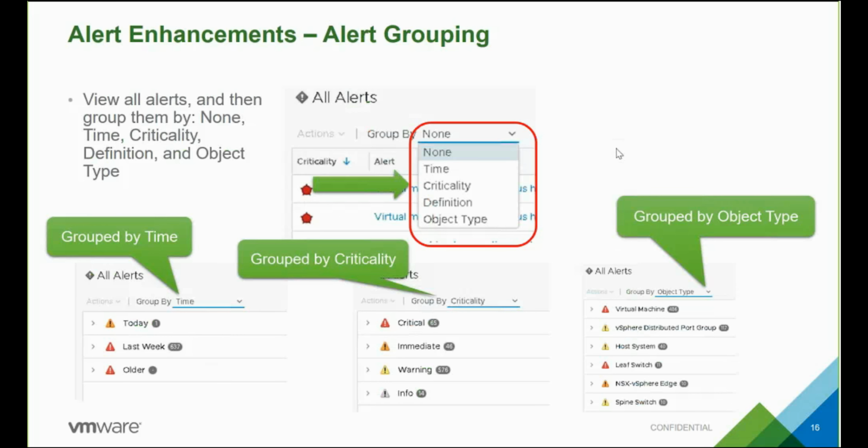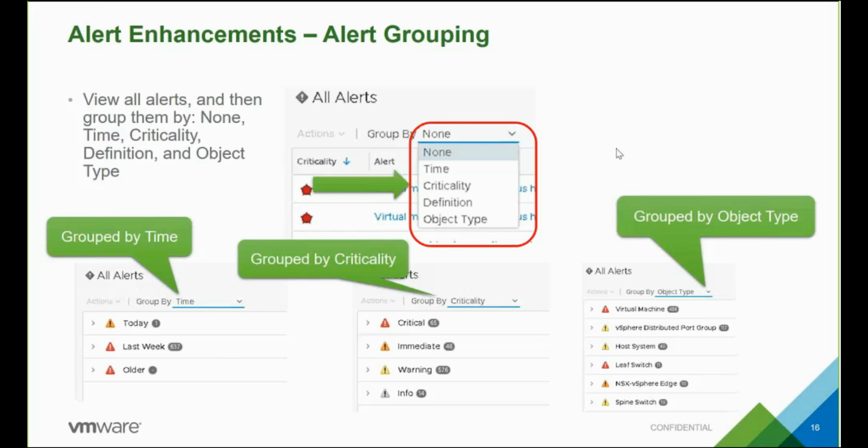And this is some analysis which I've seen a lot done at customers to understand how many critical problems, how many immediate and warnings, because some of these are tied to your SLAs, especially operations SLAs. And then there are alerts which you can group by object type, and that's also available. So you can look at the alerting data at different levels, and then based on each of these levels, you can take an action.